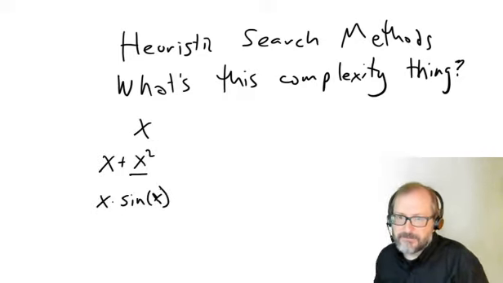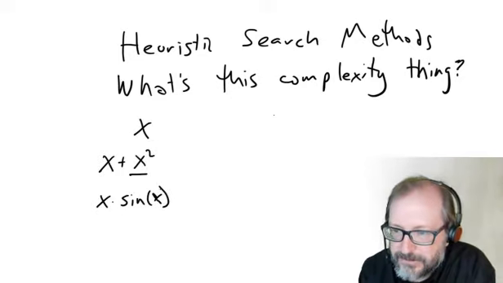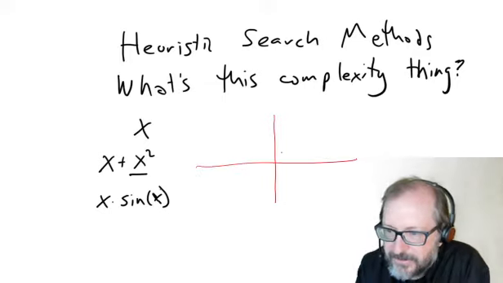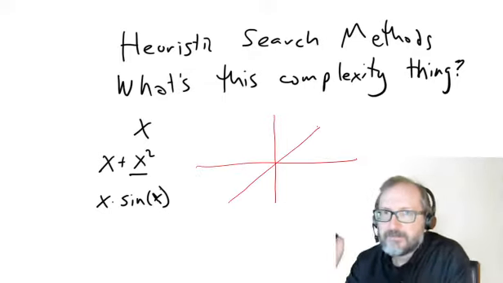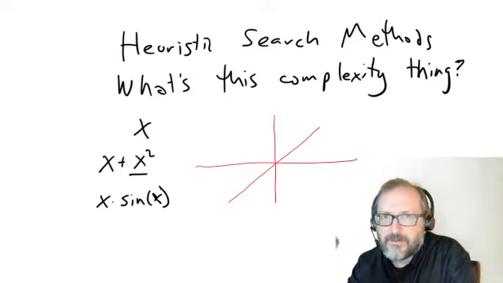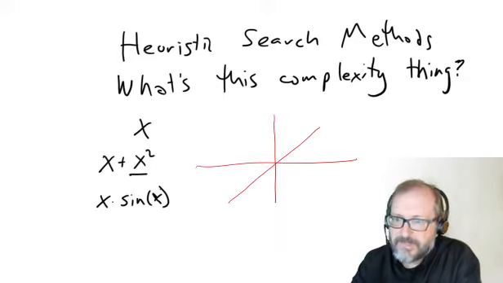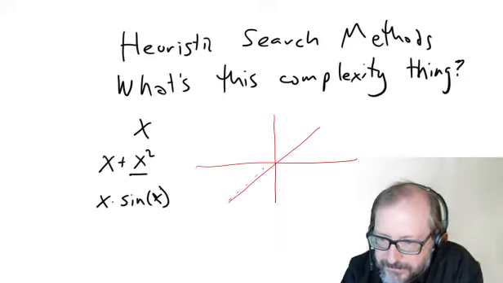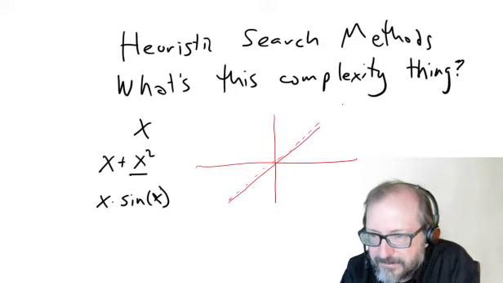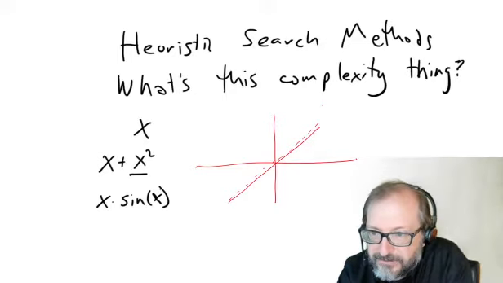Here are a few examples. Let's say your function f of x is just x. What function can you think of that would always be greater than or equal to x? Well, this was easy. You can just say x. This x is actually exactly equal to your original function.